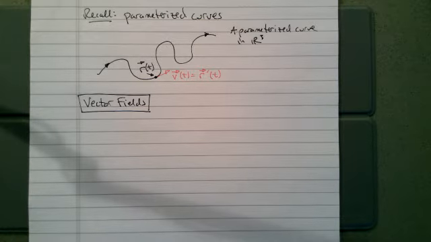A vector field is just a function that assigns to each point in space a vector. So it's a function whose output is a vector. So a vector field is a function where the output is a vector.